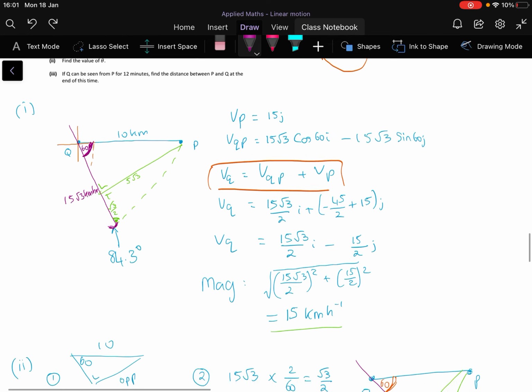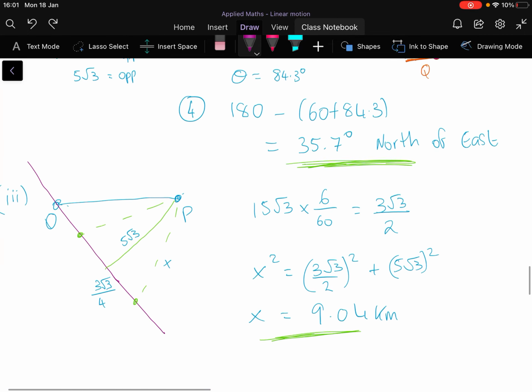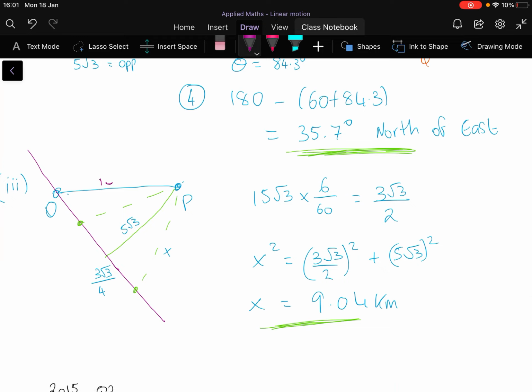So now I'm going to go back down to my question. I've drawn out, again, here's my question, there's my 10 kilometers. There's my velocity of P relative to Q. I'm going to make that look a little bit tidier. And what I'm going to do here for this one is I know that I have 5√3 is this here. I know that I'm going at a speed of 15√3 kilometers per hour. I know that it's going to take me 6 minutes to get to this point.